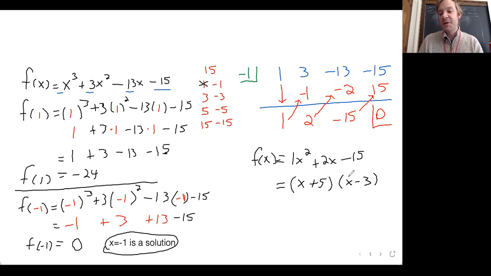Once I have factored this into 2 parentheses, and remember, not every problem can be factored, so some problems you may need to use the quadratic formula, I set each one equal to 0 and solve it out. So I've got x plus 5 equals 0, and I also have x minus 3 equals 0.